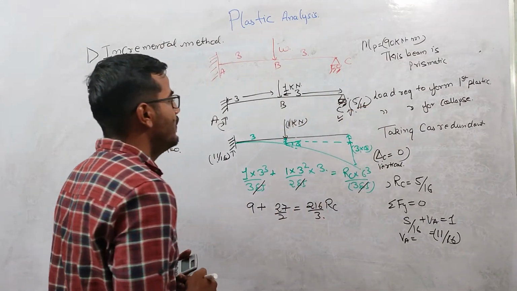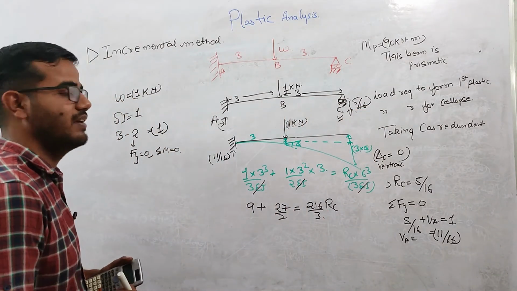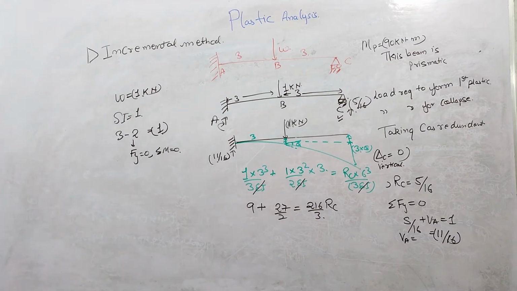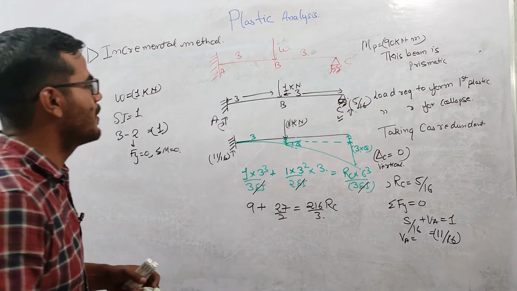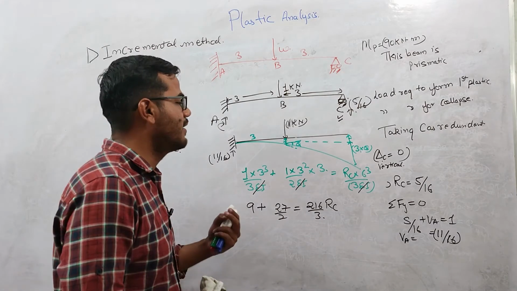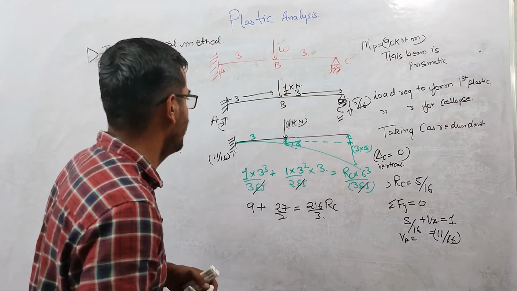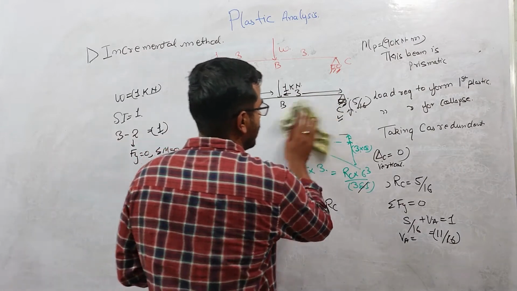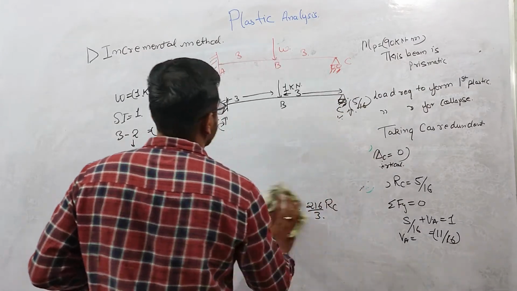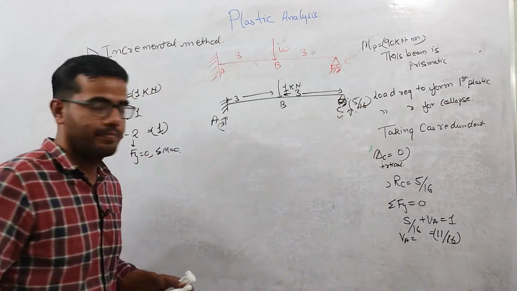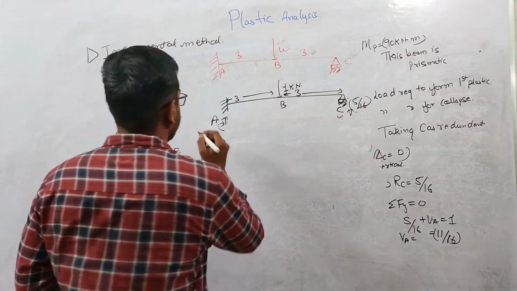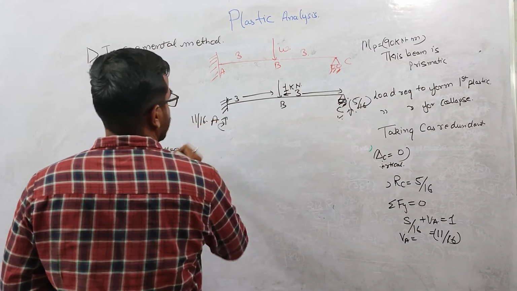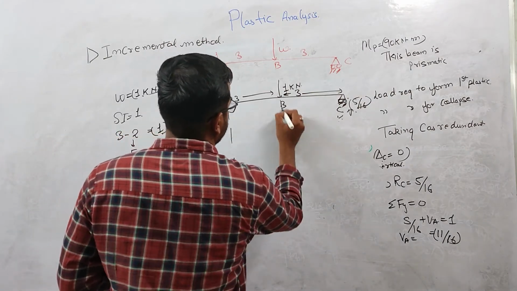Now we will plot the bending moment diagram for this case. Okay. And why are we drawing the bending moment diagram? Because we need to find the critical location where the first plastic hinge will form. Okay, that we will know through the bending moment diagram only. At this point, right?